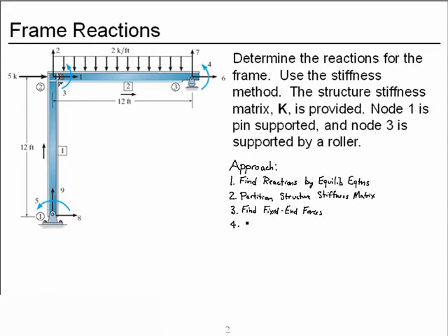Then we'll be ready to find displacements. Actually, let's call it deformations, because some of them will be rotations. Step 5, we'll find reactions using those deformations, and then we'll be able to compare our reaction results.